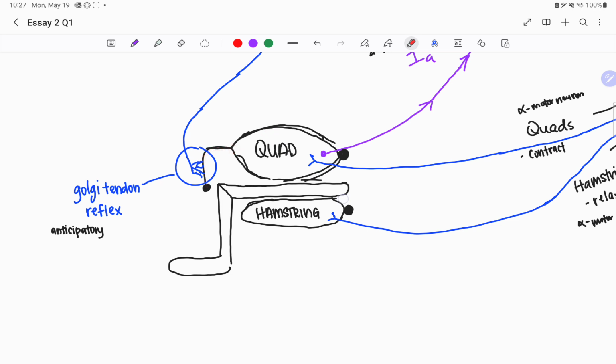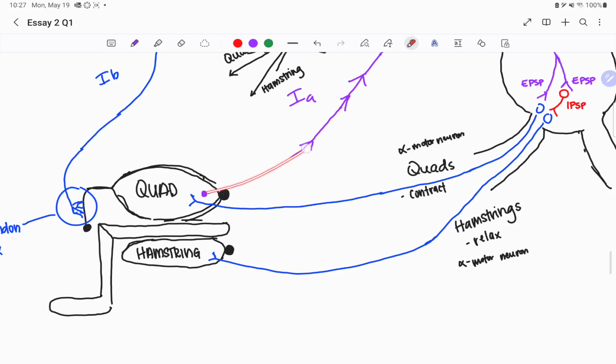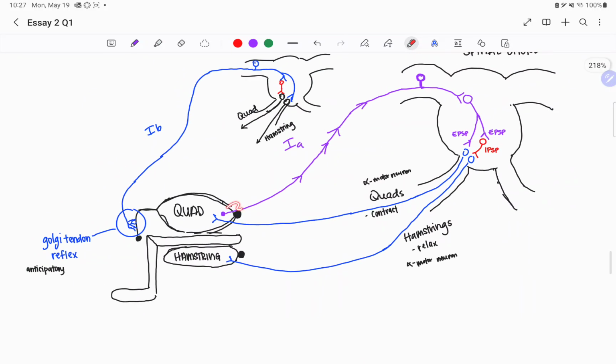And so it's going to send the signal up saying, hey, we're stretching, right? And so it's going to say, hey, we need to contract. We need to go against this stretch that we're having. So it synapses here, and then it causes our motor neuron to come and synapse in the quad, and so it's going to cause our quad to contract.